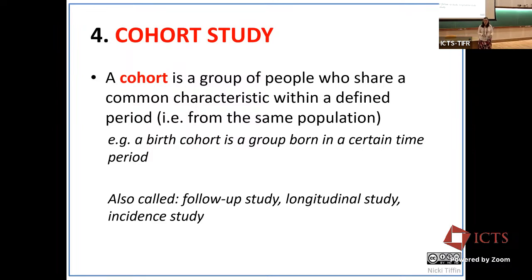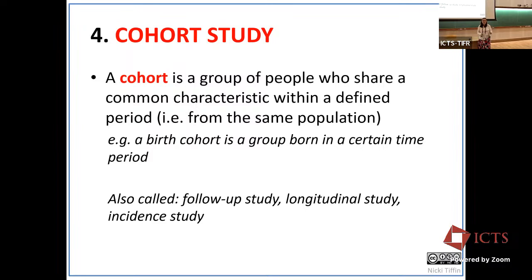Here an example, a birth cohort is a group born in a certain time period. When people talk about a population cohort, that is a cohort that represents a sector of the general population and is kind of inclusive. It's not a subset of people, but the population can be defined as different groups of people.